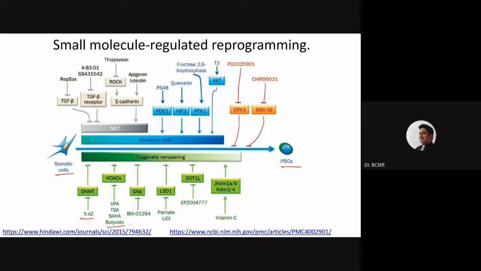We don't need to mug up all these things, but they can act on several enzymes or genes, say DNMT, de novo methyltransferase, deacetylases, and so on, which can either inhibit or activate the epigenetic remodeling or reverse the differentiation, because of which the cells might become induced pluripotent stem cells.